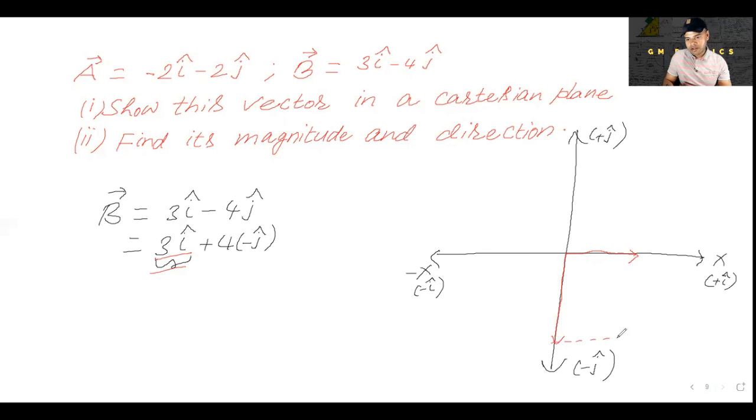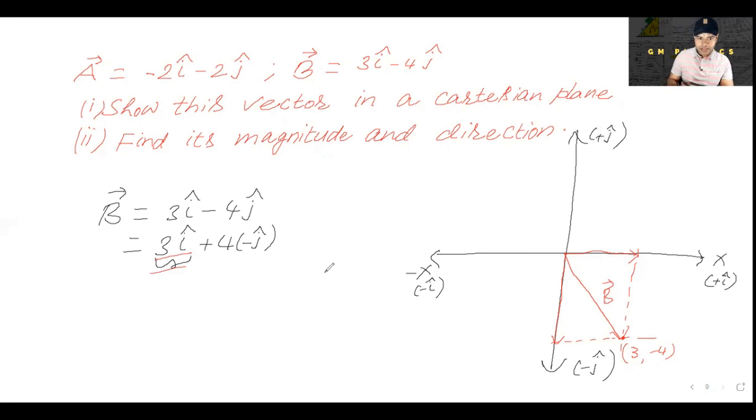Now simply draw the perpendiculars. The point of intersection will represent the point which has coordinate 3, minus 4. So this becomes my vector. Which vector? B vector. What is that? 3i plus 4 minus j, or 3i minus 4j.